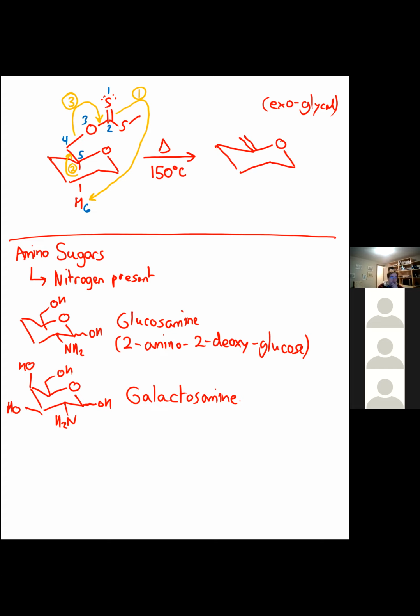Now, if you spend a lot of time doing any kind of natural product stuff, or even biochemistry, you don't see a lot of free amines. Nature really abhors free amines. It really likes protecting them. So what these things often exist as is N-acetyl compounds. Although we've been talking a lot about acetate protecting groups, nature does not use acetate protecting groups. It doesn't need them.